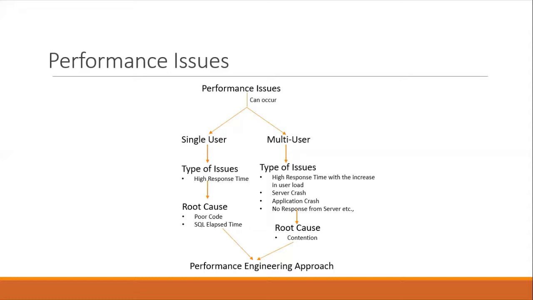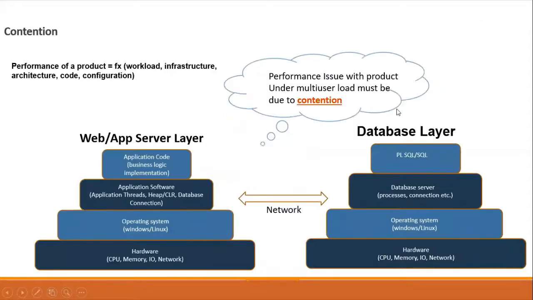The root cause of multi-user performance issues is contention. So let's see what exactly contention is. Contention is basically when more than one thread is trying to update a shared resource at the same time.